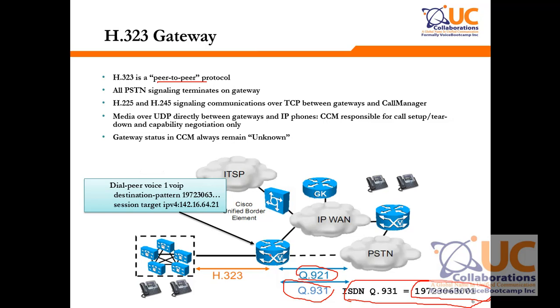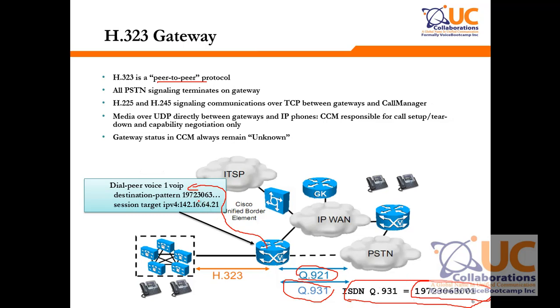Because the router is intercepting the Q931 message which contains the destination number, the router has to know how to deal with that number. And how does the router deal with it? By looking at its own dial plan. Therefore, we must configure a dial peer on the router. So in an H.323 environment, you must have a local dial plan on the router to satisfy that incoming call that is coming in.